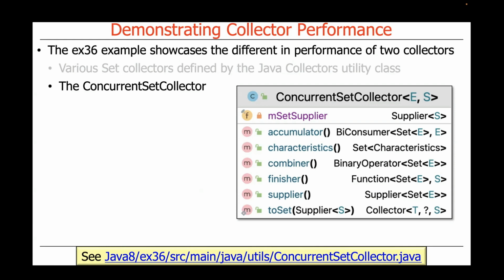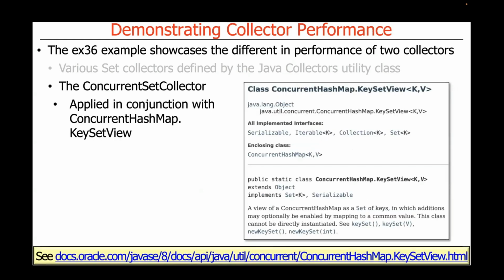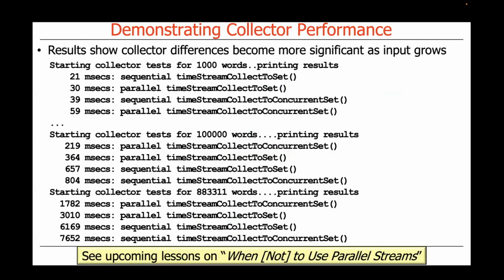It can be used not to merge things together, but to accumulate into a common, thread safe, synchronized set with better performance as n gets bigger. We're going to implement this using the concurrent hash map key set view, which is a variant of concurrent hash map that is a set, not a map, but is implemented using concurrent hash map under the hood.